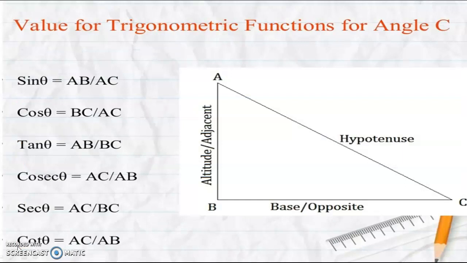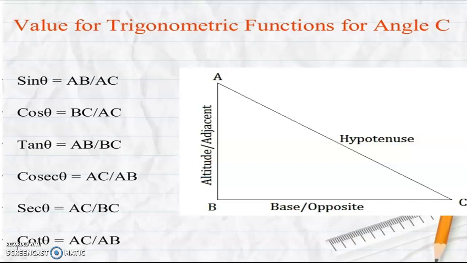Now here are the values of the trigonometric functions for angle C. In this PPT I am explaining that ABC is a right triangle and C is the angle that we are taking as theta. So we are finding them according to angle C. Sine theta is equal to AB upon AC. AB is the perpendicular and AC is the hypotenuse.